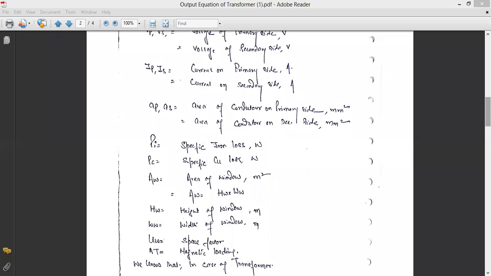This winding on the primary or secondary side is always made cylindrical. So when it is made cylindrical, what will be the diameter of the cylinder, so that the total winding can be formed? That is called D, denoted as small d, and it is known as the diameter of the circumscribing circle.